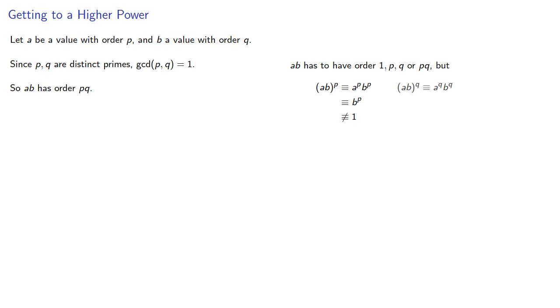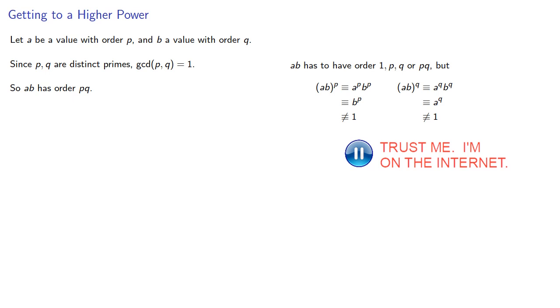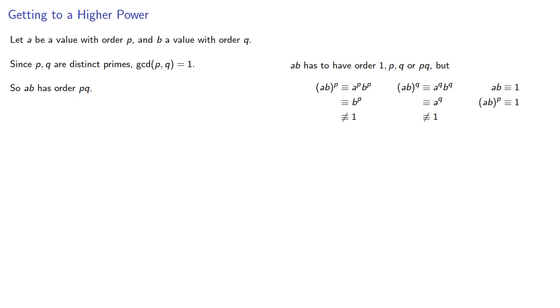If we find ab to the q we get a to the q, which can't be 1. And ab itself can't be 1 because if we raise it to the pth power we get b to the p, which can't be 1.